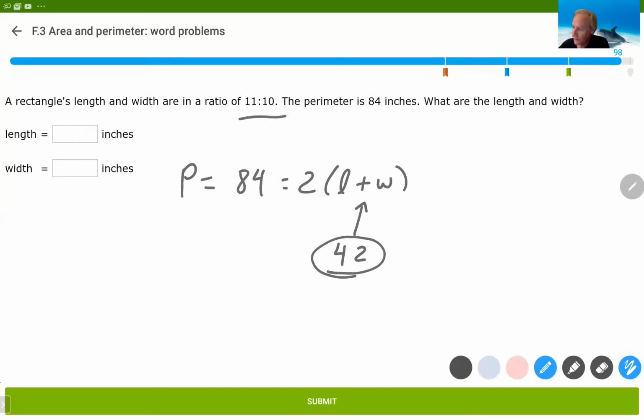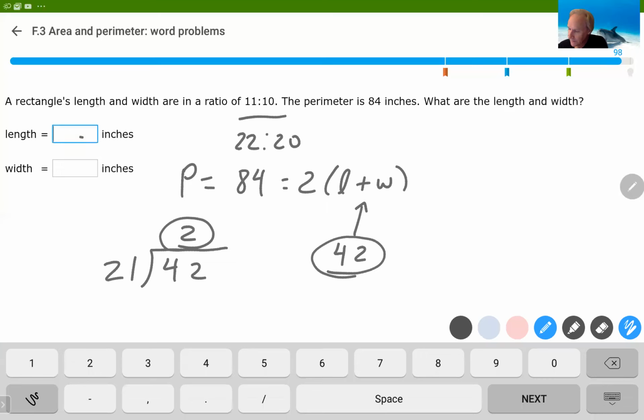That means that we need 21 parts total divided into the 42, and each part has to be 2 inches. That gives us 22 inches to 20. And that will add up to 42. That will give us a perimeter of 84, and it will work out. And again, length is longer.